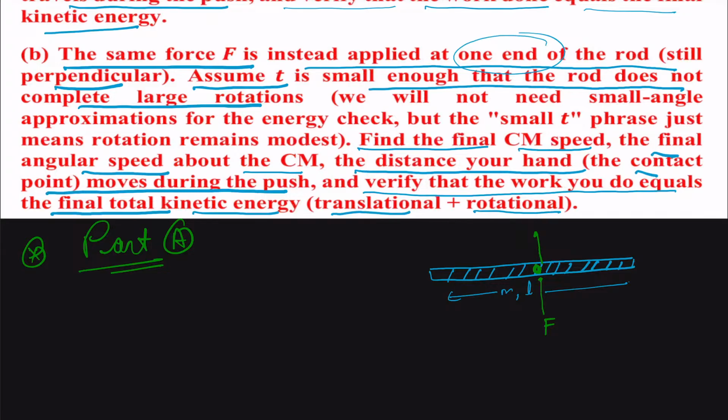In this case, since the force is applied at the center of mass, there will be no torque about the center of mass.